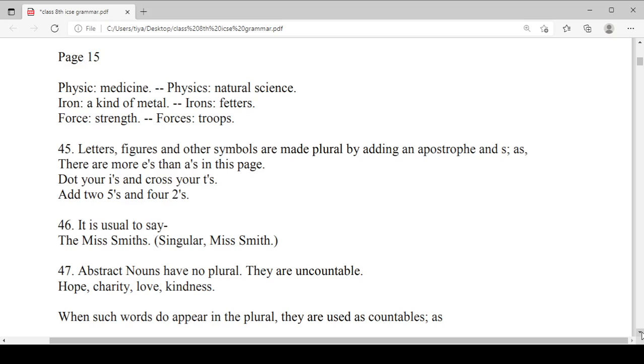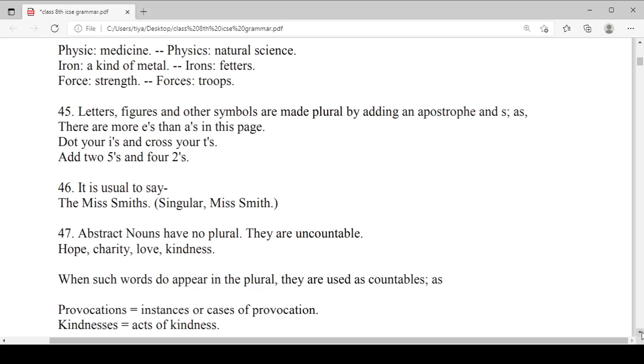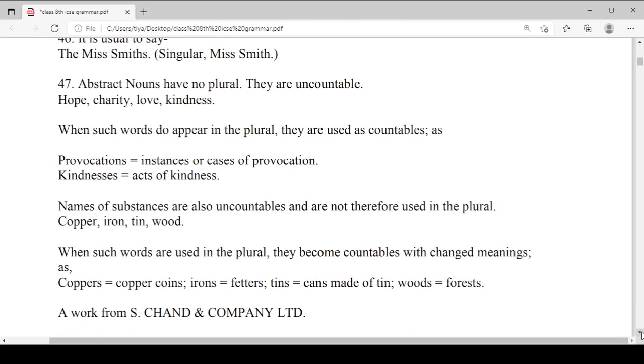Letters, figures and other symbols are made plural by adding apostrophe s or es. Okay, dot your i's, cross your t's, add two fives, add two four twos. They are just the examples. Abstract nouns have no plural. Like, what are abstract nouns? Abstract nouns are the nouns that you cannot feel or touch.